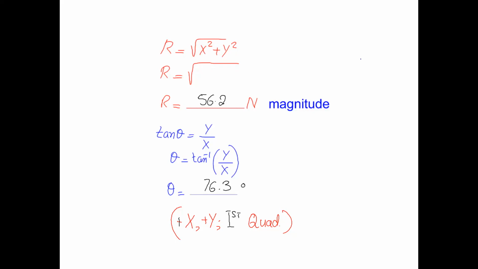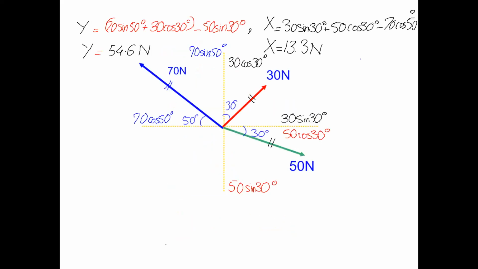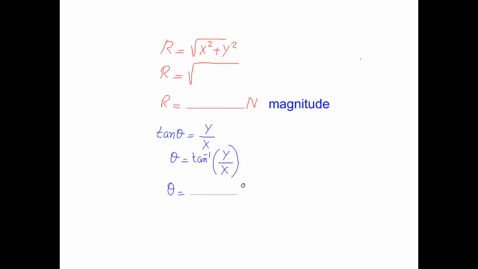Did you check the values, that these are the x and y values? x is 13.3 and y is 54.6. Yes. Right, sir, can we finish it here today? But we have to complete this part now. Can you please confirm the angle? Yeah, it's 76.3, the angle, and the resultant is 56.2.